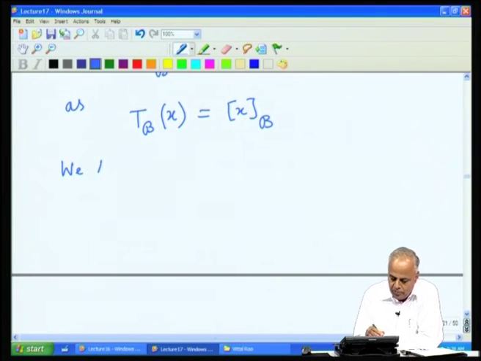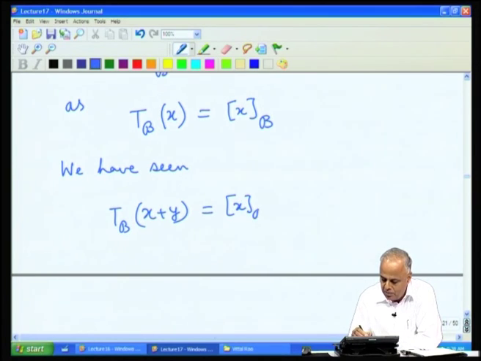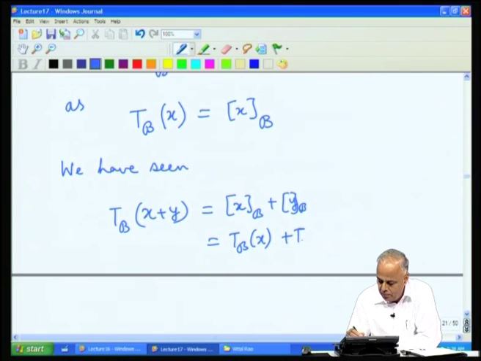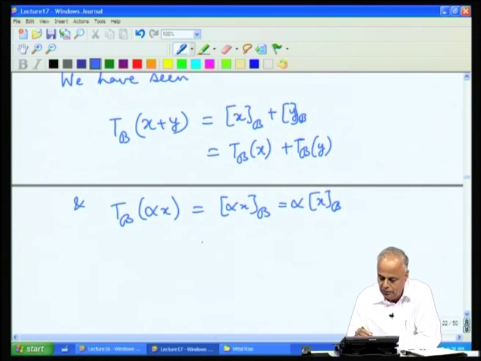So, we have seen if you add vectors and then identify, it is the same as x B plus y B, which is the same as T B x plus T B y, and T B of alpha x is alpha x B. We saw that this is the same as identify then multiply, which is equal to alpha T B x.